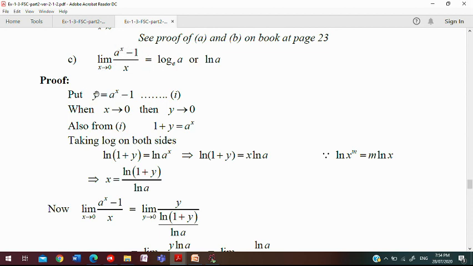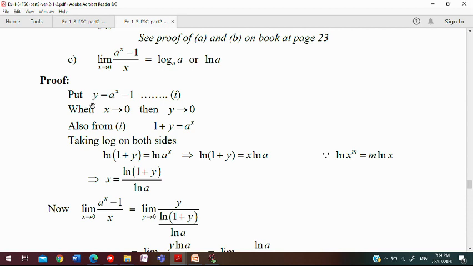a^x minus 1 is equal to y. This is our first equation, and as I have told you, whenever we take a supposition in a limits question, we must change the limit of our question, because with the change of variable the limit will also change. So here in our question we have x approaches 0.